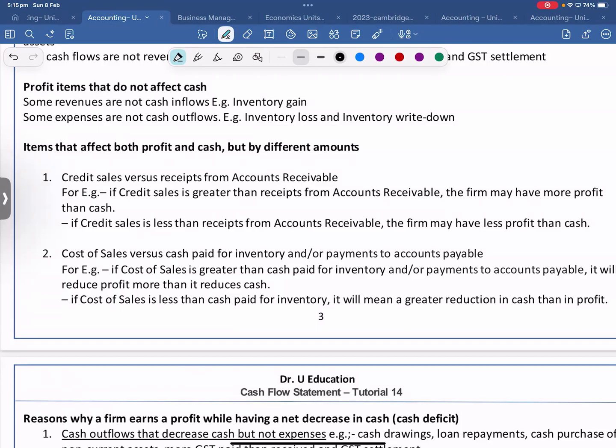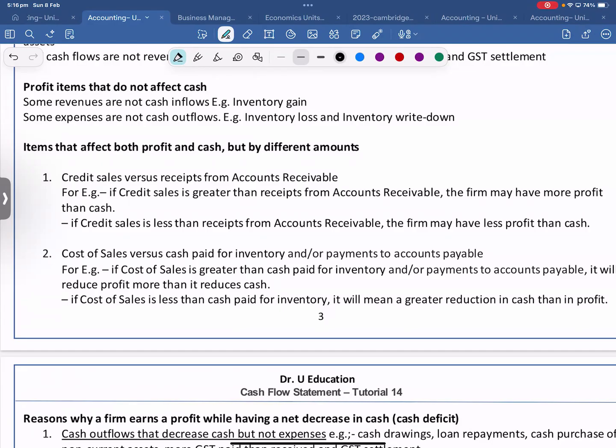Let's imagine we make credit sales in February, and we collect everything within February itself. My question is, would the cash receipts be equal to the credit sales? No. Why not? Not credit cards. Yes, it's correct.